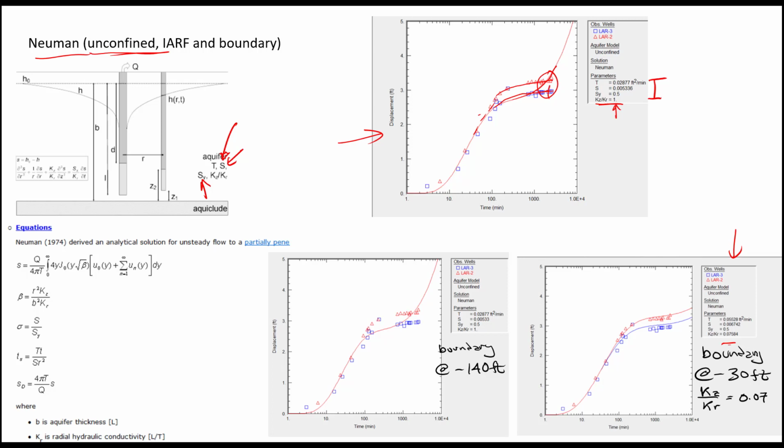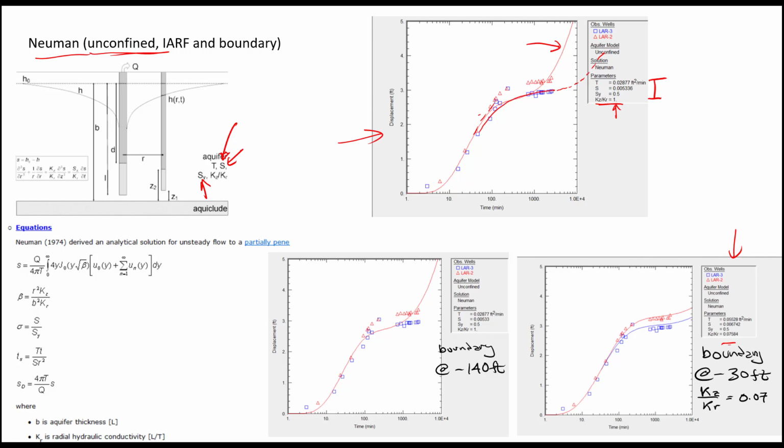Maybe there's something going on that delays it, and maybe really the data would kind of go like that. So it still has the same behavior as the Neuman, but there's just something that would delay this upturn.